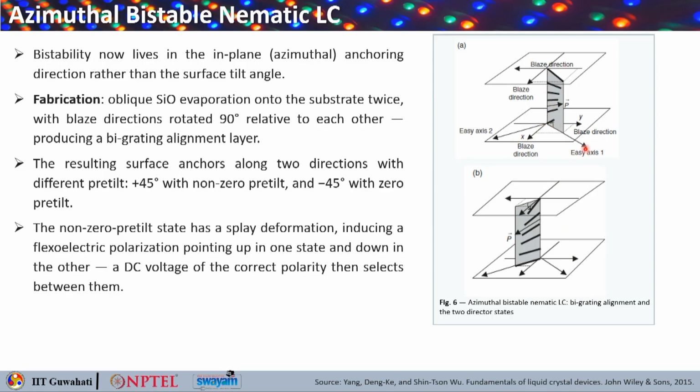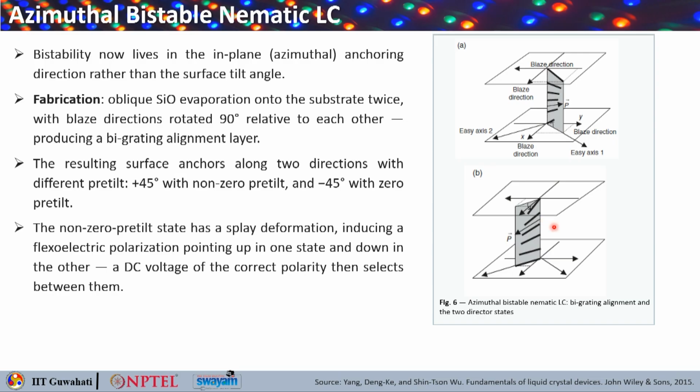The explicit parallel to the ZBD design here is whether the bistability comes from a bend deformation near the grating, as was seen in the zenithal case, or a splay deformation coming from asymmetric pre-tilt in the azimuthal case.